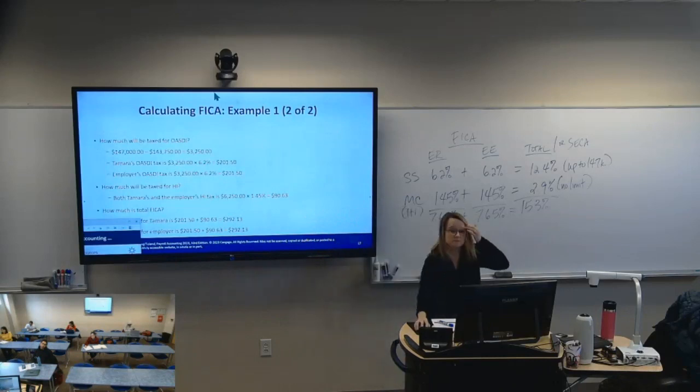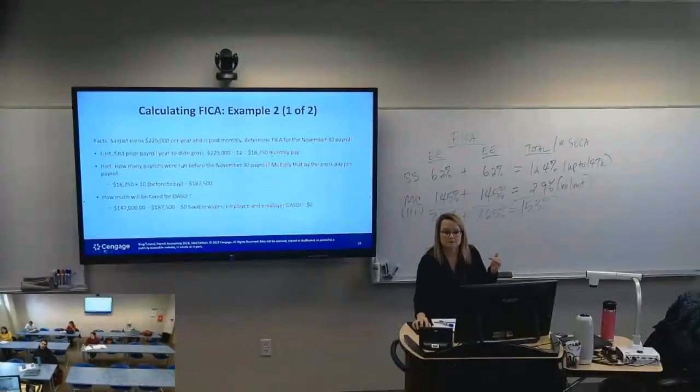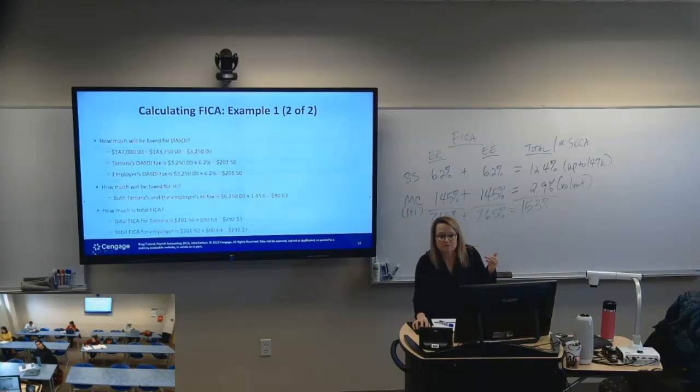So for a monthly pay, how many were run before? 23 payrolls. And then wage base minus the prior period year to date.